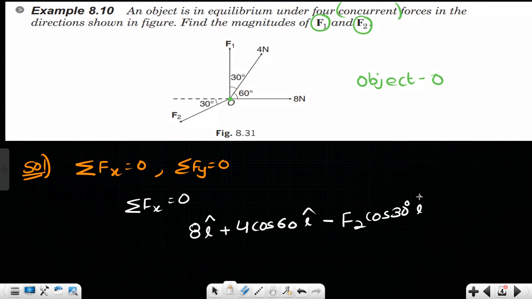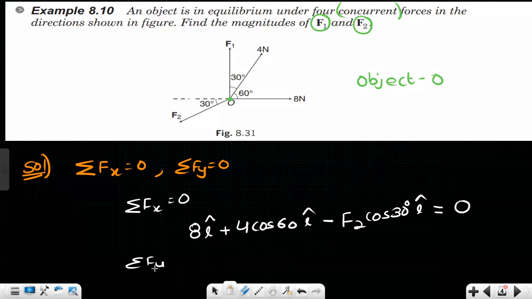F2 is in the backward direction. If you take the component, that will be backward and the j component will be downward. So these are the only three components you can add up to 0. This is one equation.